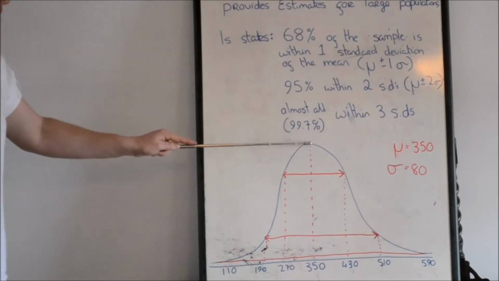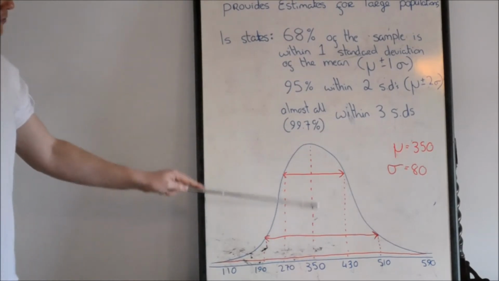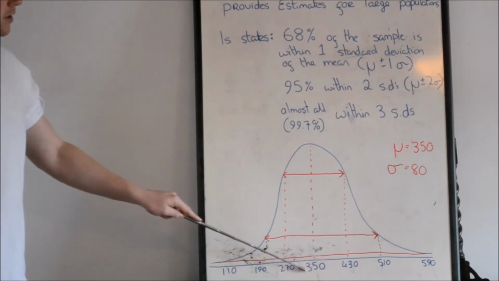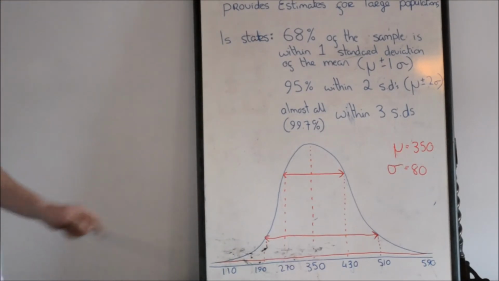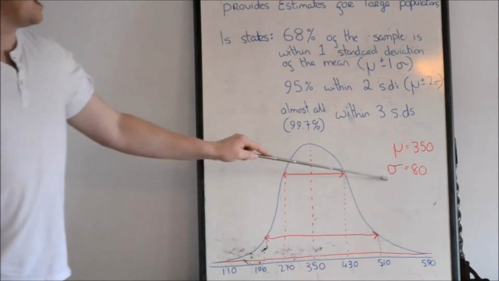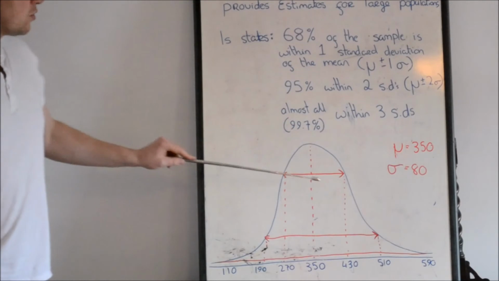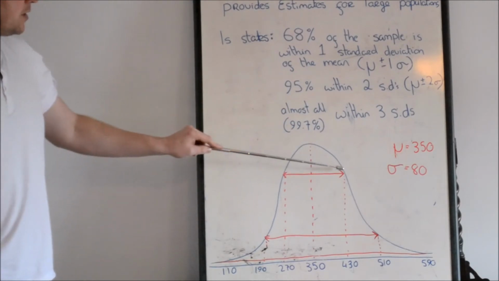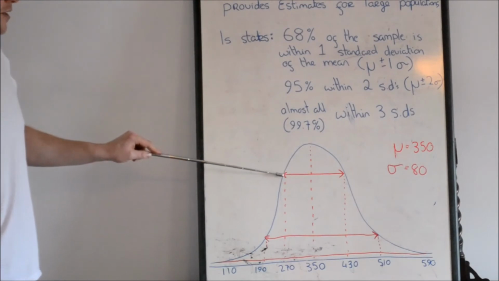So if you look here, the mean, which is the average of what everyone got, is in the middle, and it's 350 points. Now, the way the bell curve is shaped, our standard deviation is 80. So if we go one standard deviation either side of this, from here to here, from here to here, one standard deviation, which is 80.